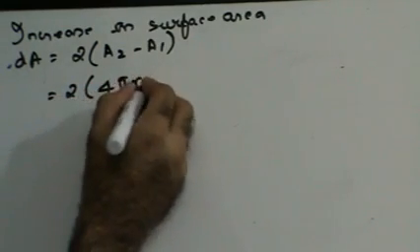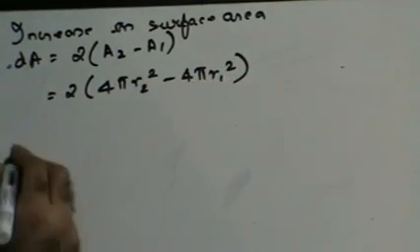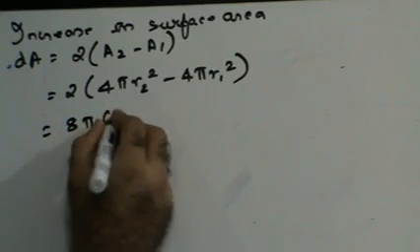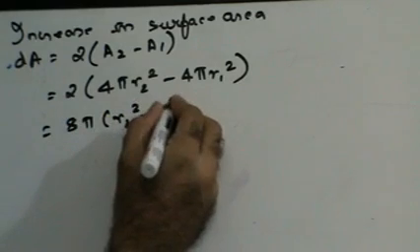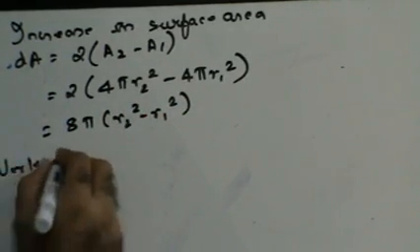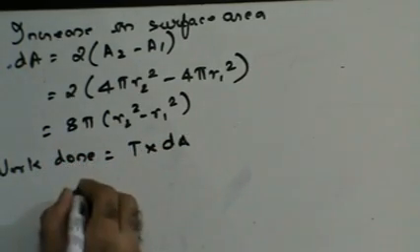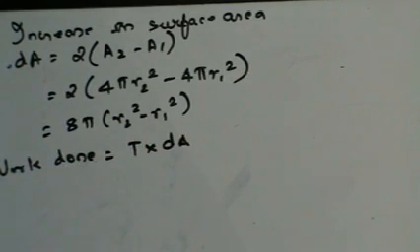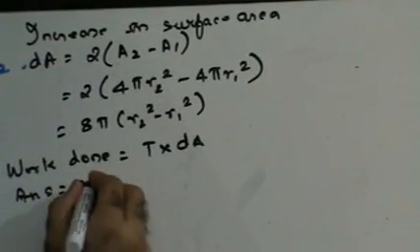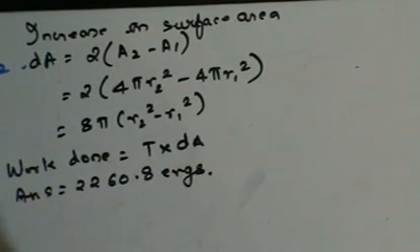So 4 pi r2 square minus 4 pi r1 square, right? 4 pi common, so 8 pi times r2 square minus r1 square. Once you have this, then you can find out the work done. Work done is T into change in area. You have T, you have change in area, you can substitute and get this answer. The answer for this sum should be 2260.8 ergs. Next, take on next sum please.